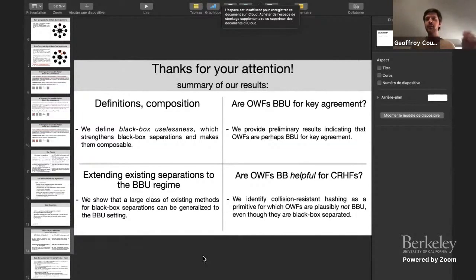So we have, say, artificial black box helpfulness, which is uninteresting. For example, the primitive public key encryption plus collision resistant hash function. Each of public key encryption and collision resistant hash functions are black box helpful for building it, but in isolation, each of them is black box separated. And you can work out this collision resistance plus public key encryption to get something that looks like meaningful cryptographic primitives, like IBE with some compact keys.